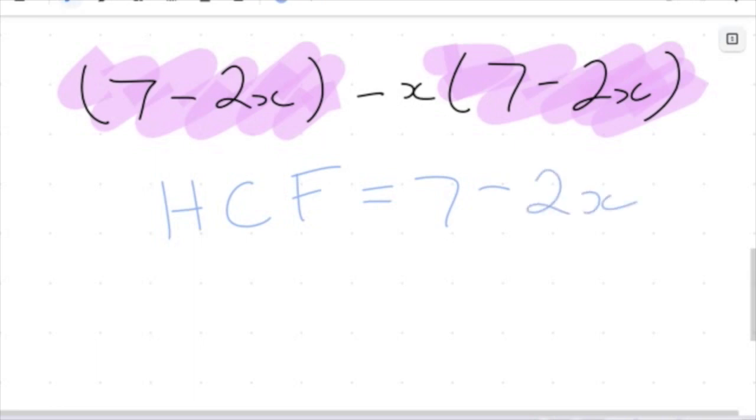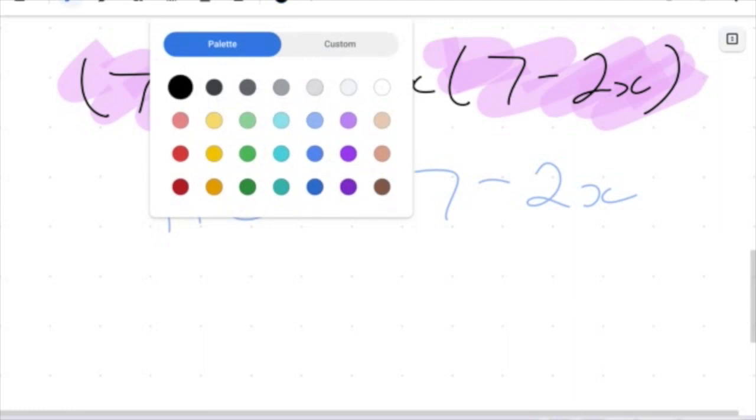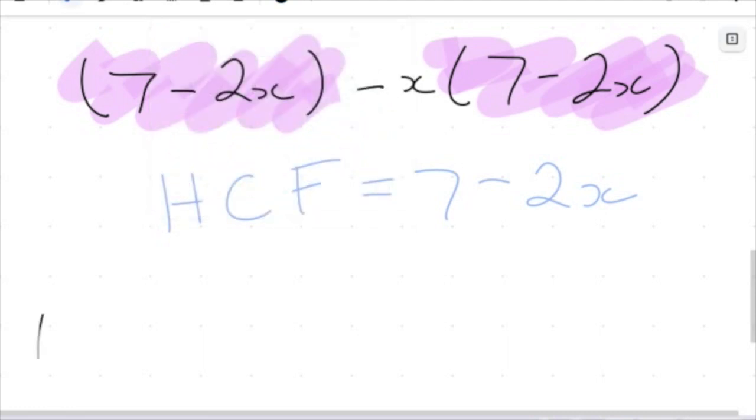So I'm going to pull that out the front here. 7 minus 2x. And I've just put it in brackets just to show that this is happening first, that I'm treating 7 minus 2x as a term in itself.